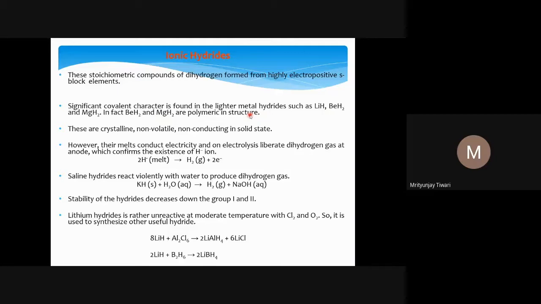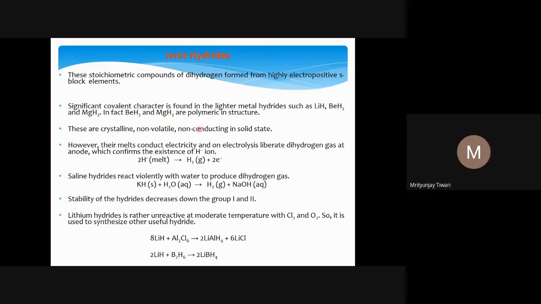So if a monomer unit forms a polymer, it means the bond is covalent. So BeH2 and MgH2 form polymeric structures, and that is another piece of information: the bond in MgH2 is a covalent bond.